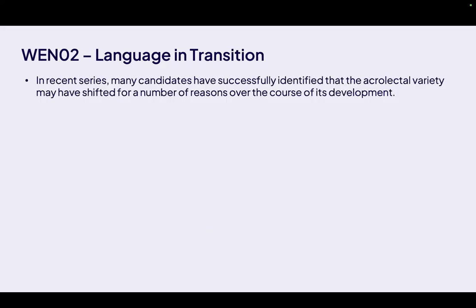In recent series, many candidates have successfully identified that the acrolectal variety may have shifted for a number of reasons, and this is important too because of the course of the development of that acrolect.